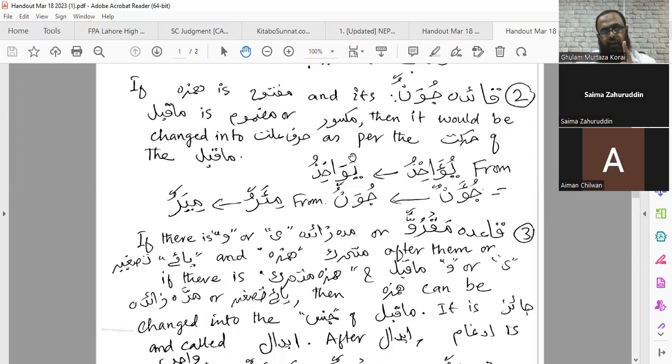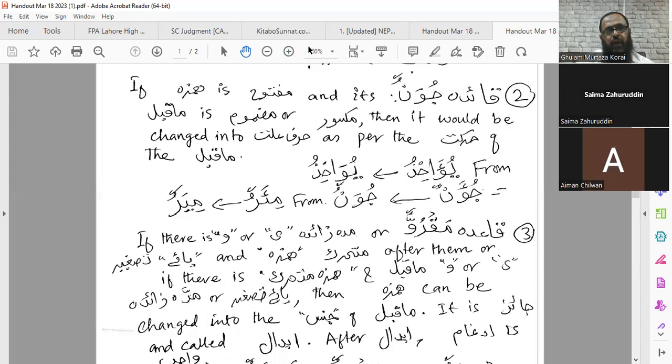Then it would be changed into harf illat as per the harakat of ma qabl. Means that Hamza that is maftuh would be changed into harf illat as per the harakat of the ma qabl, either into waw or ya. So this is what is permissible, and this qaida or rule is known as juwanun.